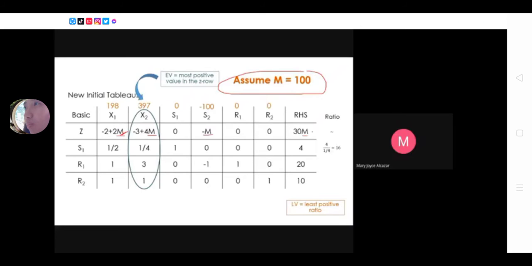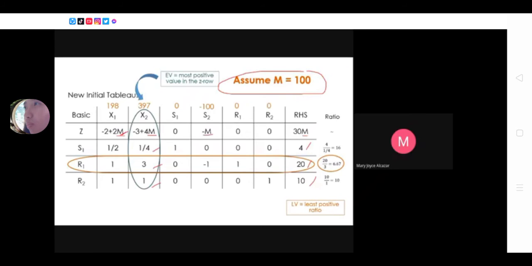So for the S1 row, that is 4 divided by 1/4, so the value is 16. For R1, that is 20 divided by 3, so that is 6.67. And for R2, that is 10 divided by 1. So the resulting value is 10. And then the least positive ratio is 6.67, and R1 is our leaving variable.